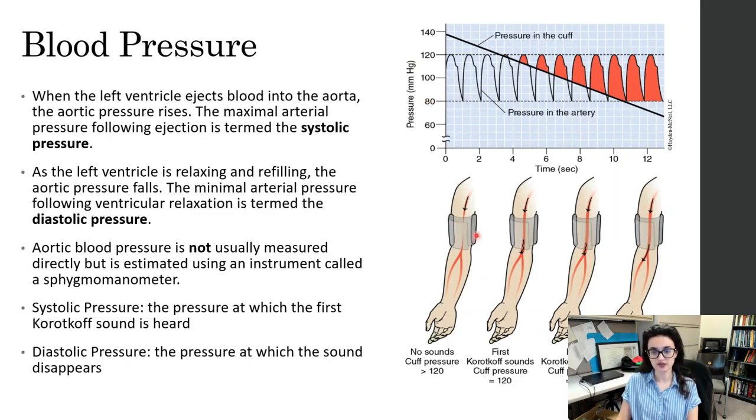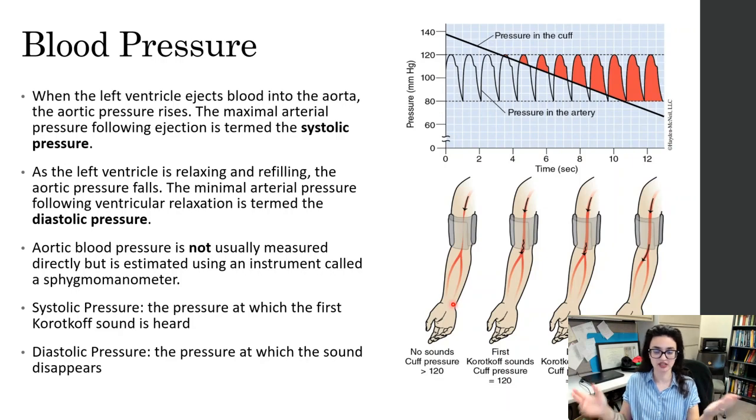Okay. What we do is we put this cuff on and make it really, really tight. That's typically not very comfortable, and it's uncomfortable for a reason. You are squeezing so hard that you kind of stop that blood flow from going to that region. When you're listening with the stethoscope after the cuff, you shouldn't hear anything because no blood can get down there, right?